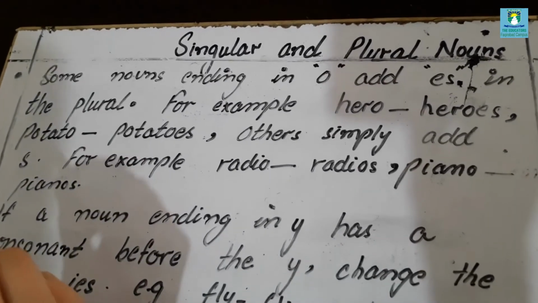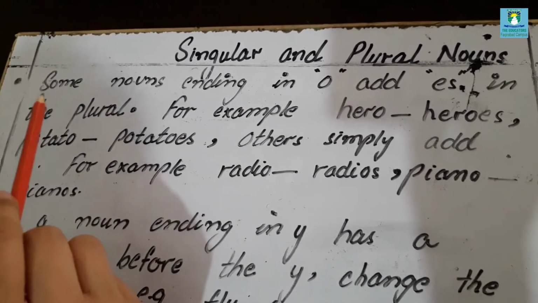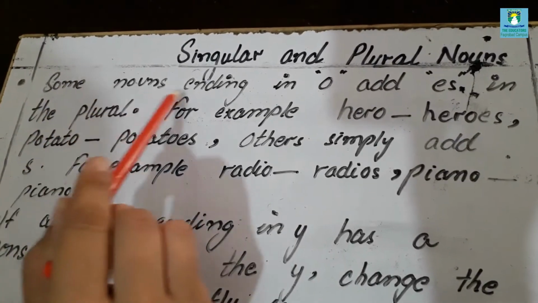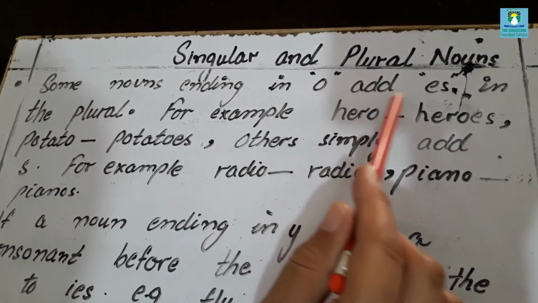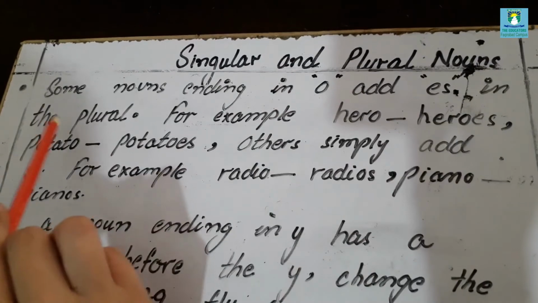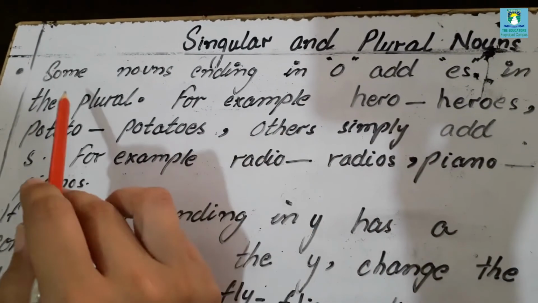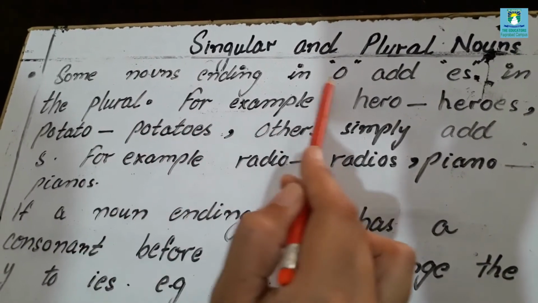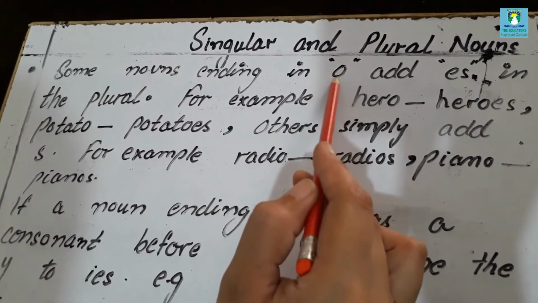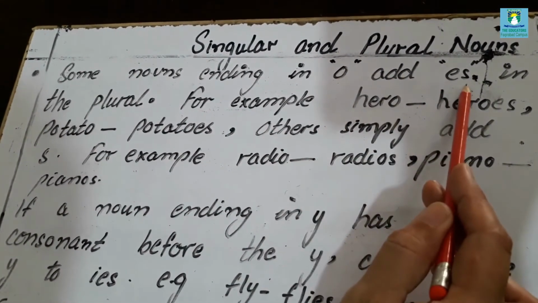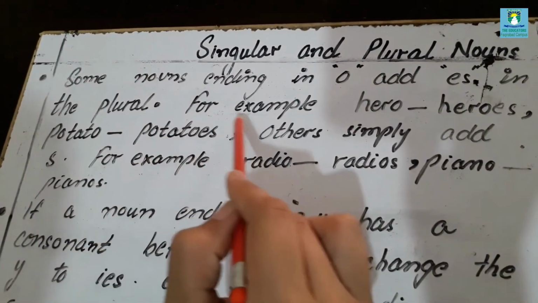The third rule for converting a singular into plural is: some nouns ending in o add es in the plural. Those nouns which are ending in o add es in the plural. For example, hero.